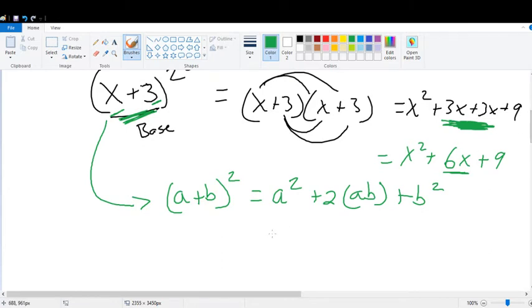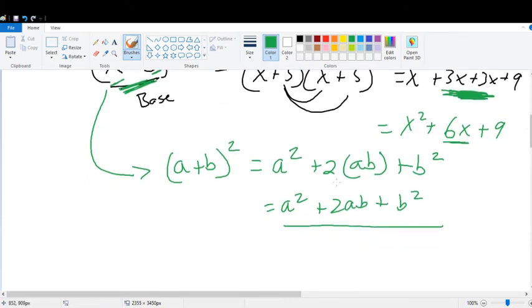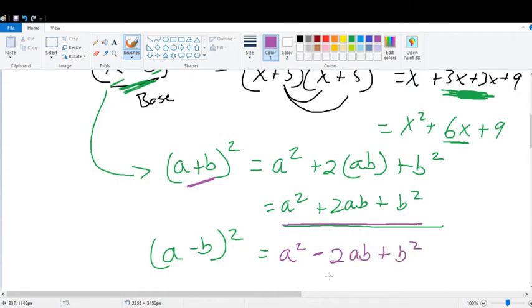So this is equal to a squared plus 2ab plus b squared. This is another special product. Let's say that I had a minus b all squared. It's almost like a plus b squared, except this is minus. So instead of getting this right here, we get a squared minus 2 of ab plus b squared. That's the only difference.